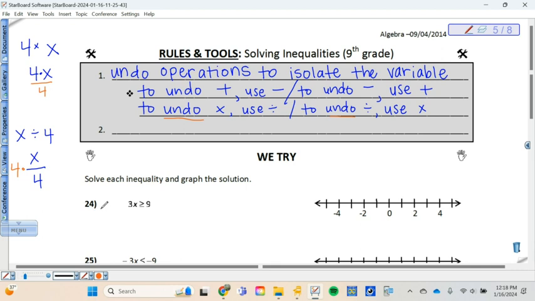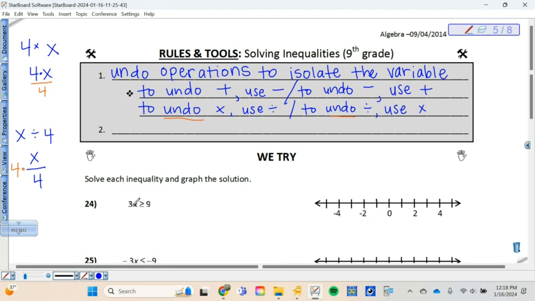Okay. So let's give it a try. Number 24 says 3x is greater than or equal to 9. So I can't just go to 9 and start graphing. I've got to solve for x first. I've got to get the x all by itself. How do we get the x by itself? We have to divide, right?